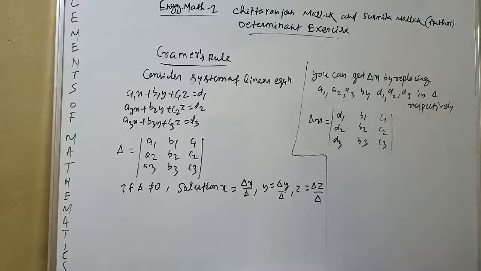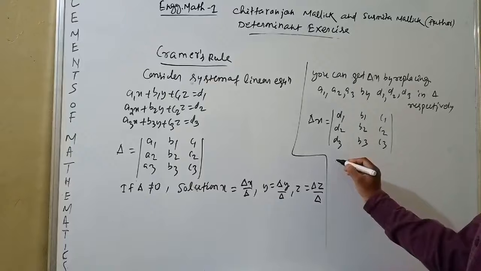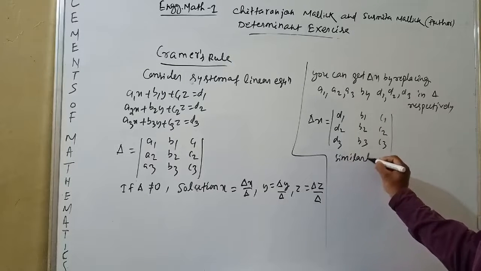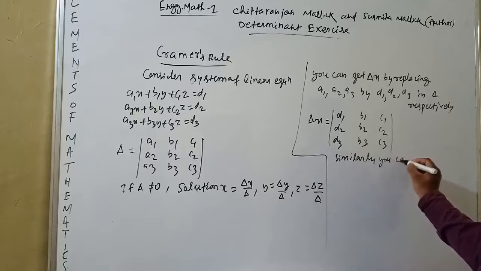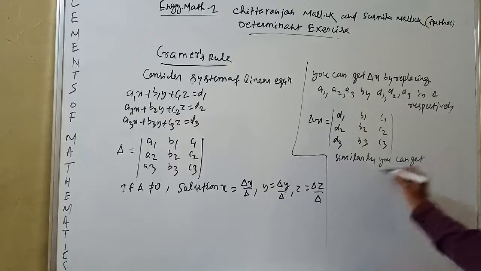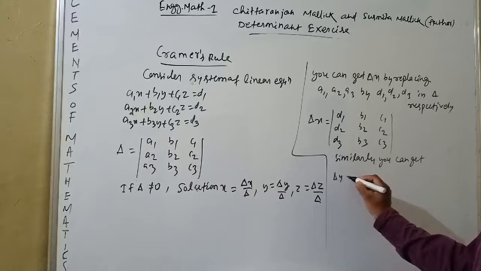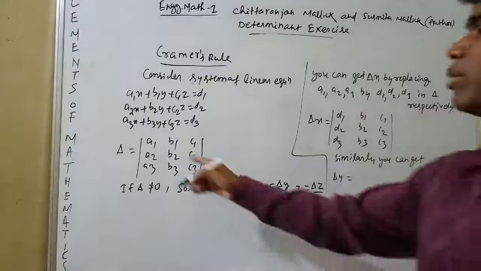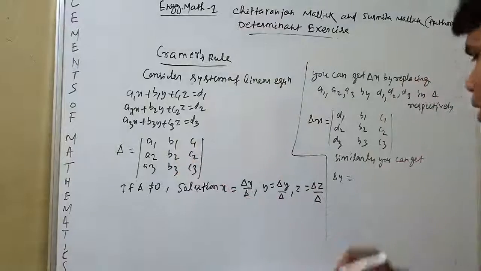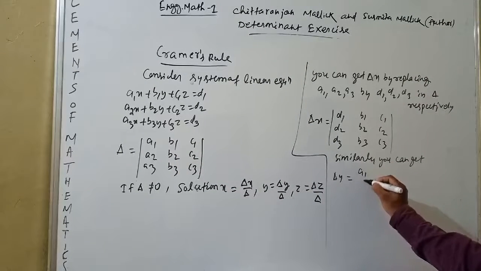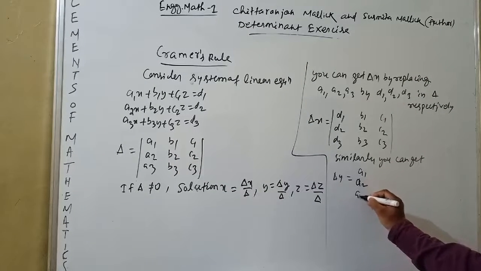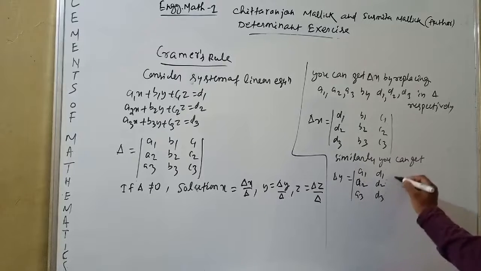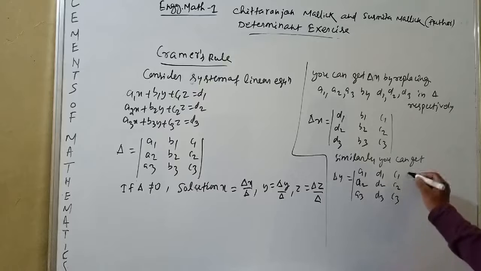Similarly you can get del y by replacing b1, b2, b3 by d1, d2, d3: del y is a1, a2, a3, then d1, d2, d3, then c1, c2, c3.